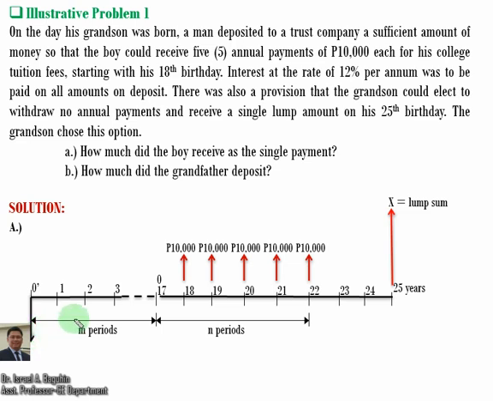Okay, so first we have these M periods from 0 prime until the 17th year, and from the 17th until the 22nd year, based on the problem, there were five annual payments, so five of 10,000 pesos each at the 18th, 19th, 20th, 21st, and 22nd.